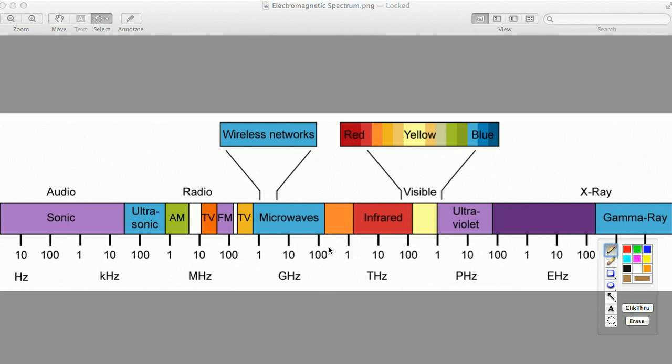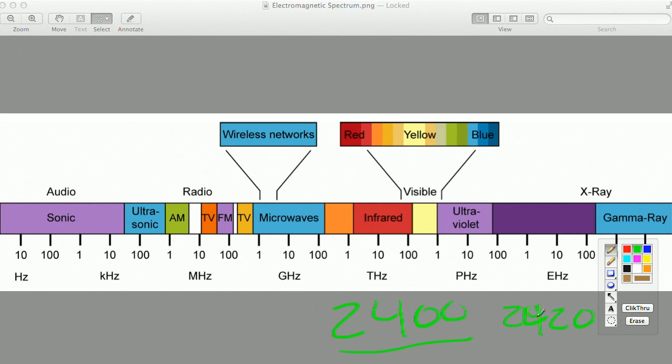So if I have 2.4 gigahertz, or actually, we'll probably refer to it more in megahertz, let's give an even number here, 2400 megahertz, and I say that I have a 20 megahertz wide channel, then I'm basically talking about from 2400 megahertz to 2420 megahertz, or 2.400 gigahertz to 2.420 gigahertz.